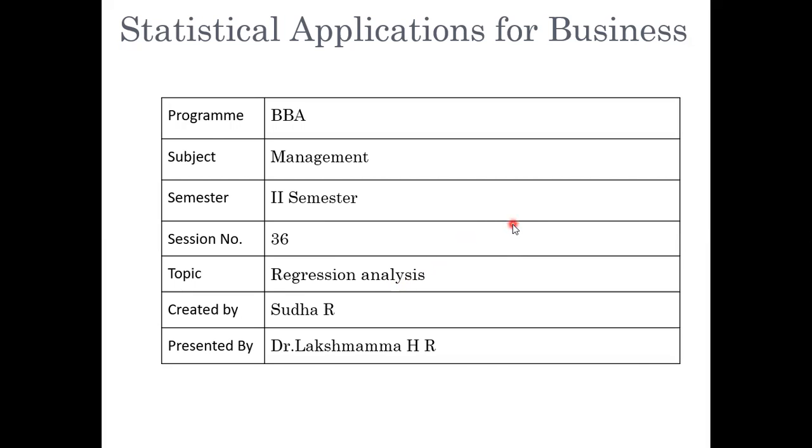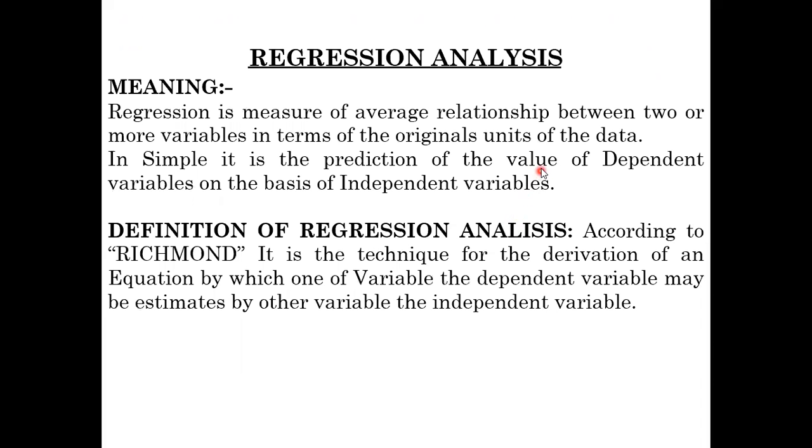Before we start the problems on regression analysis, let us study what we mean by regression analysis, its meaning and definition. Regression is a measure of average relationship between two or more variables in terms of the original units of the data.